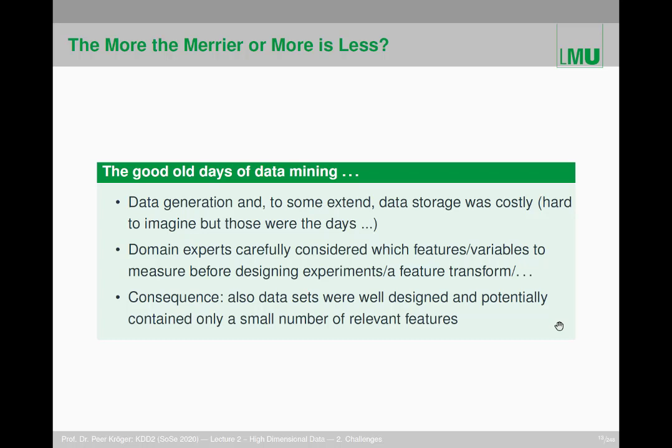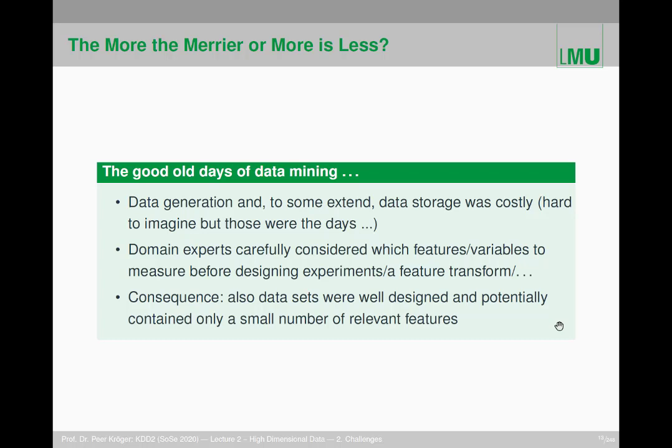So people were very careful when generating their data. Domain experts typically considered very carefully which features, which variables should be measured, how to design the experiments to measure exactly those things, how to design a feature transformation from raw data and stuff like that.